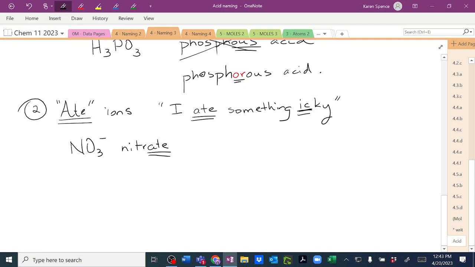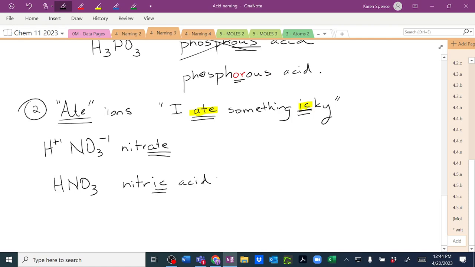So if I put an H plus with it now, do I have the right number of H's to go with the NO3? Yes, because I have +1 and -1. So those cancel, the charges cancel out, and we have HNO3, and the name of that acid would be we replace the ate with an ic, so it becomes nitric acid.